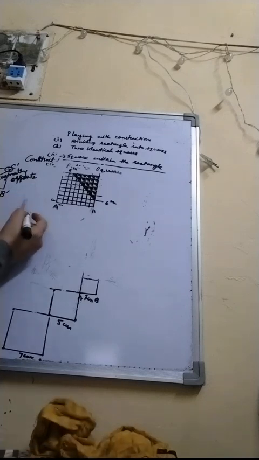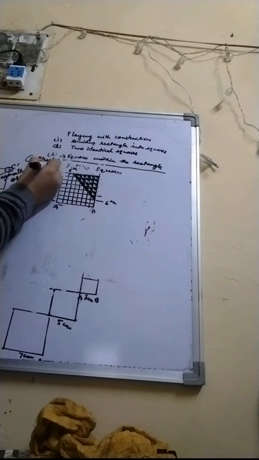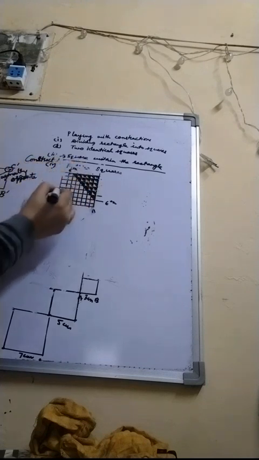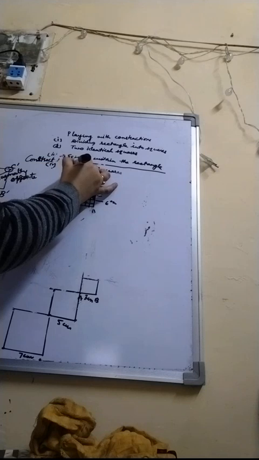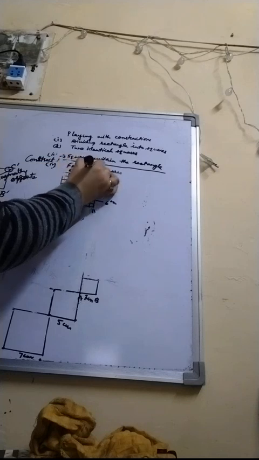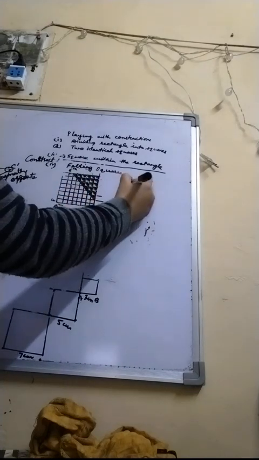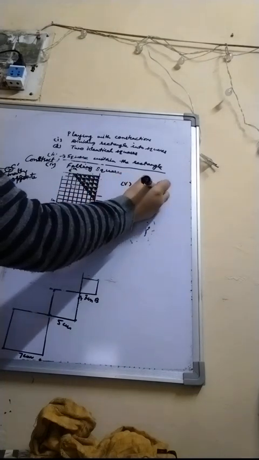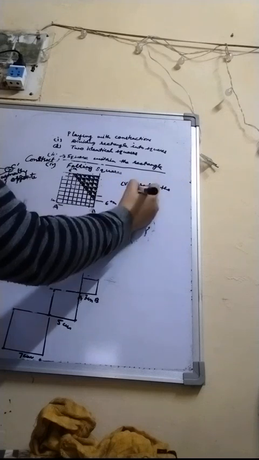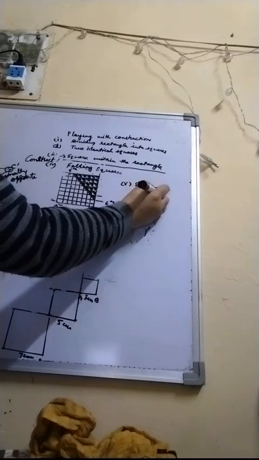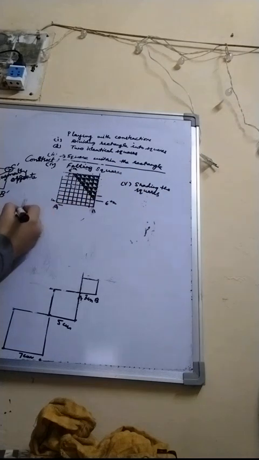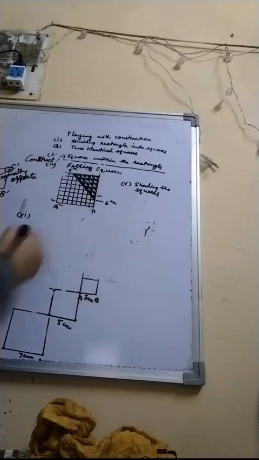Now next construction is, this was the 4th construction. Sorry, 5th construction, shading the square. Now the 6th construction is square with a hole.